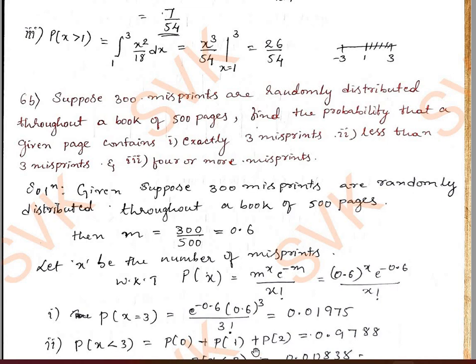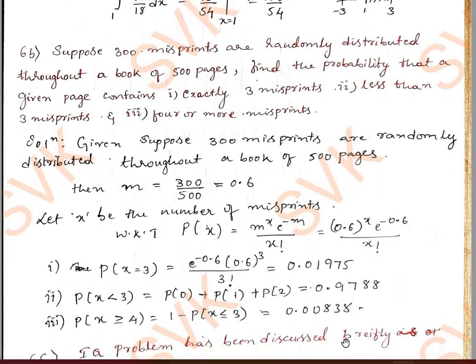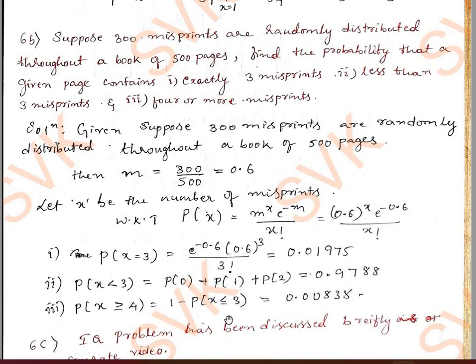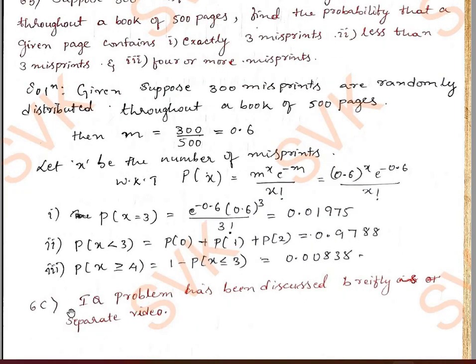At x less than 3, we are going to get this value. At x greater than or equal to 4, it is 1 minus probability of x less than or equal to 3, which is nothing but 0.00838.